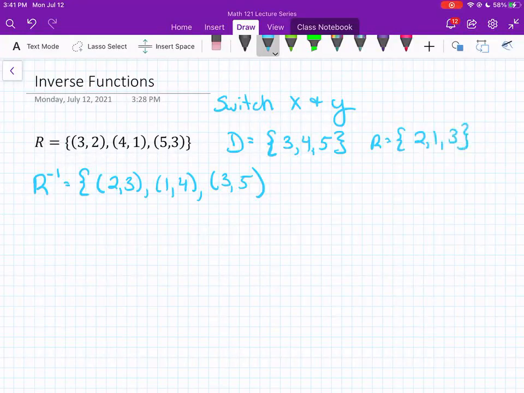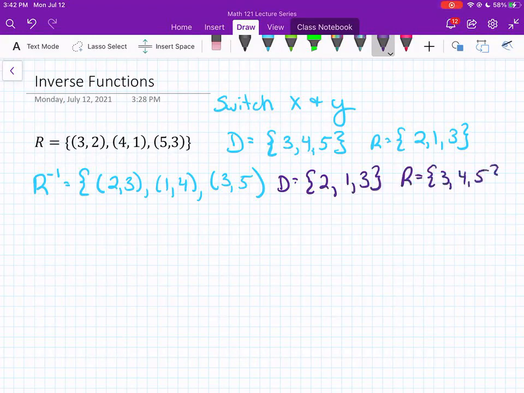If we look at the domain of my inverse, the domain is 2, 1, 3, and the range is 3, 4, 5. X and Y have switched.